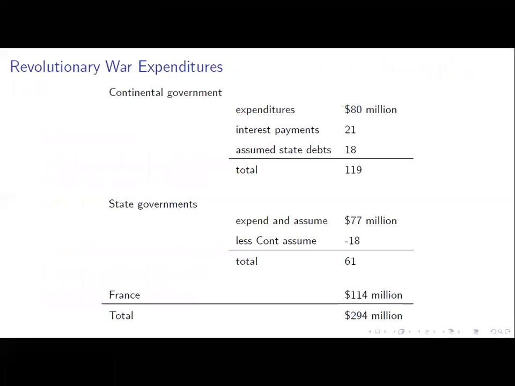It really is. So if we think about expenditures, what was spent during the war, it's sort of interesting to look at the accounting. The Continental government spent about $80 million to fight the war. It had to make another $21 million in interest payments, and in 1790 it will assume about $18 million in state debts.